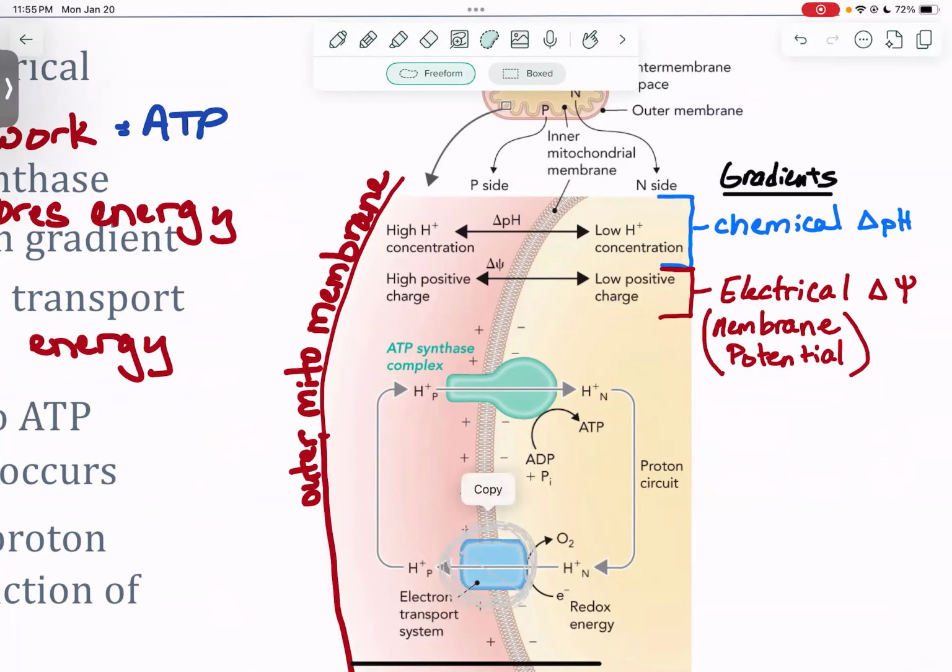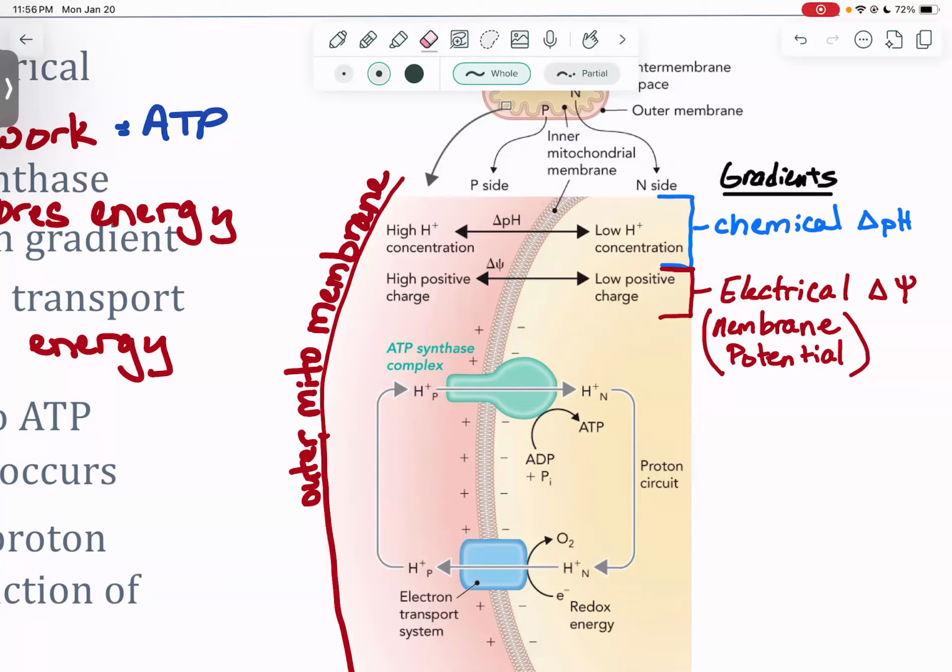It's really, really simple right now, but that's okay. We're going to take our electrons and drop them off, and at the same time, we're going to take protons and move them into the inner membrane space. That's what we talked about. And then those protons, once they pile up, are going to flow through the ATP synthase complex. This is what we just showed.